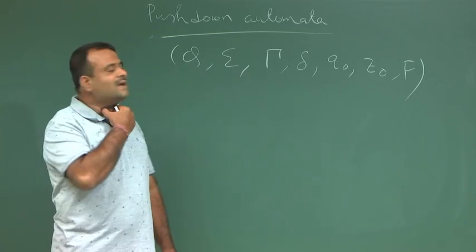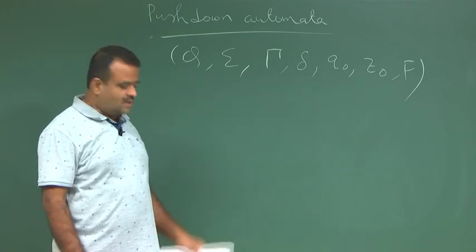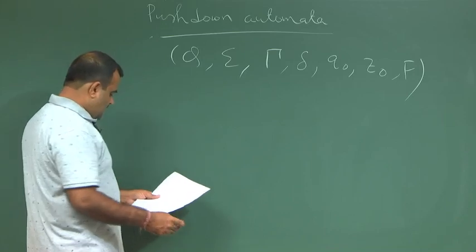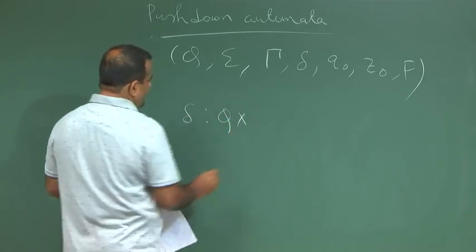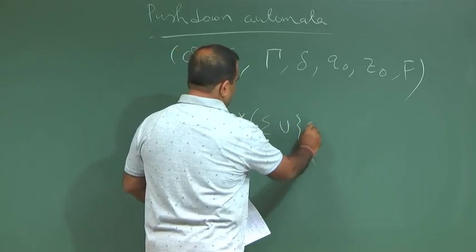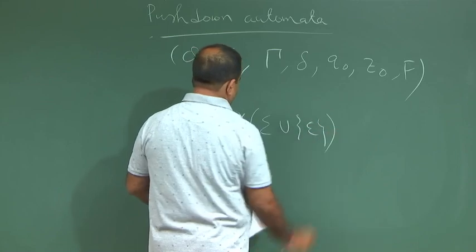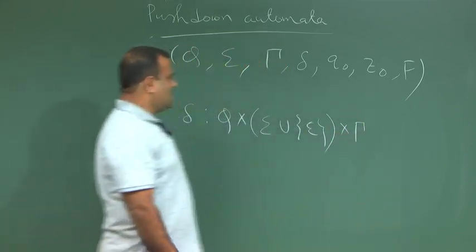So here we have a stack, as you know, and delta is the transition rules, which is a function from Q. We are at some state and we take an input alphabet on the tape along with epsilon, and then we read the top of the stack.